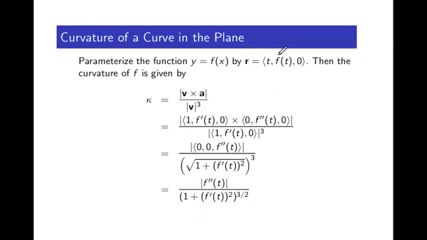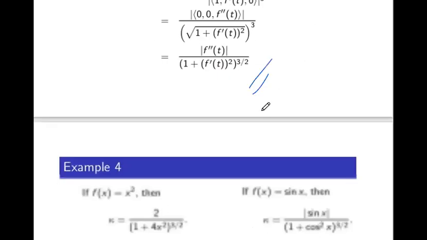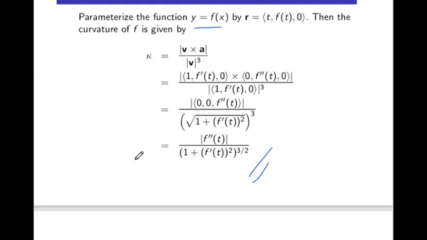Velocity is 1 comma f prime comma 0, and its magnitude is the square root of 1 squared plus f prime squared, 0 squared. This is the curvature for two-dimensional curves. So we can use this formula to find the curvature of these.